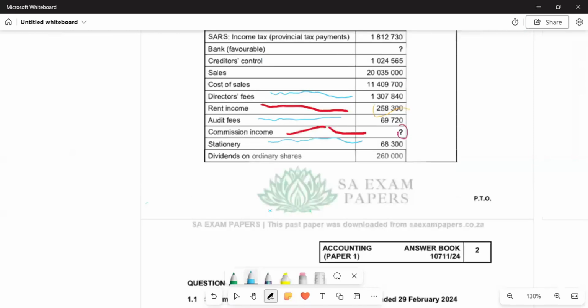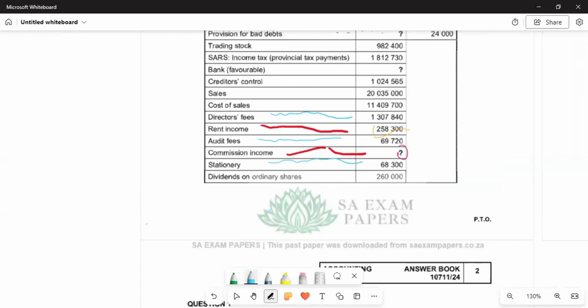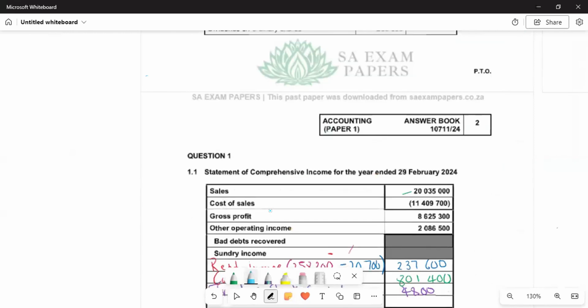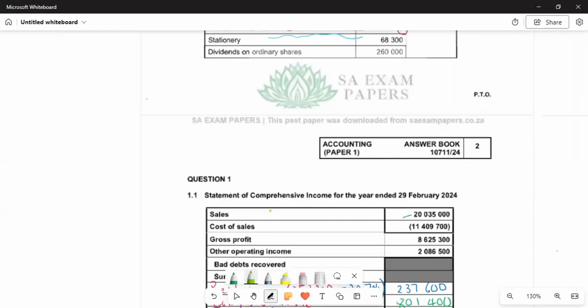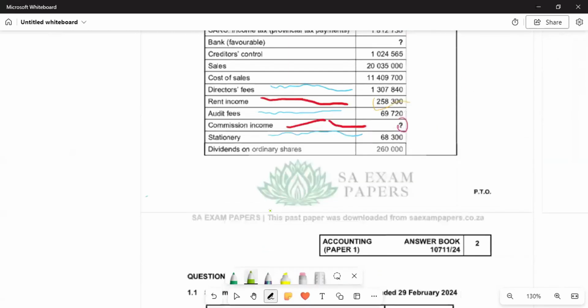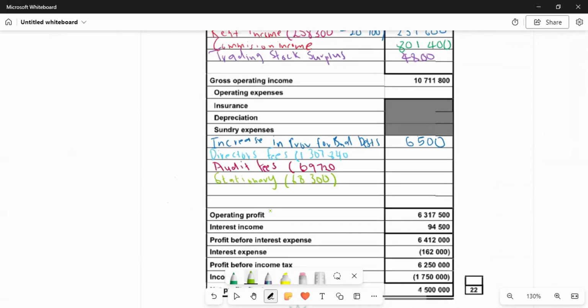I have my audit fees at 69,720. I also have my stationery as 68,300.